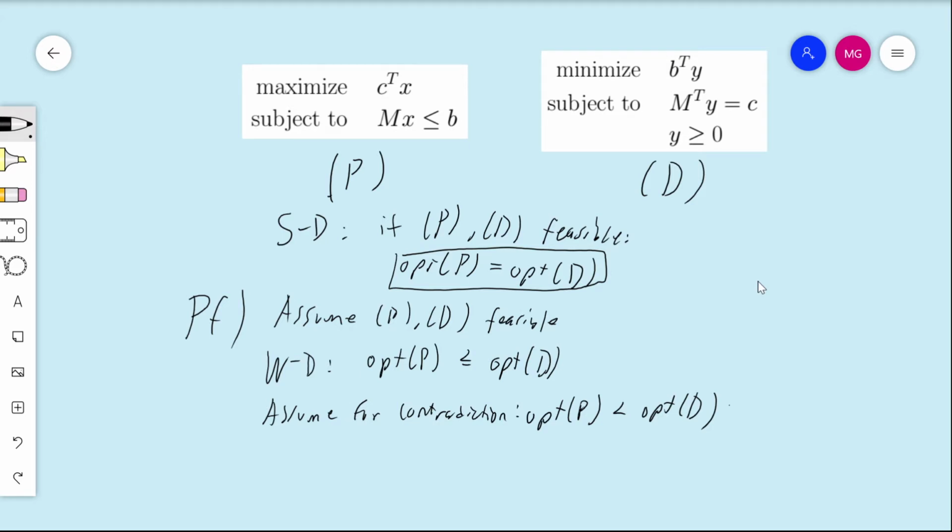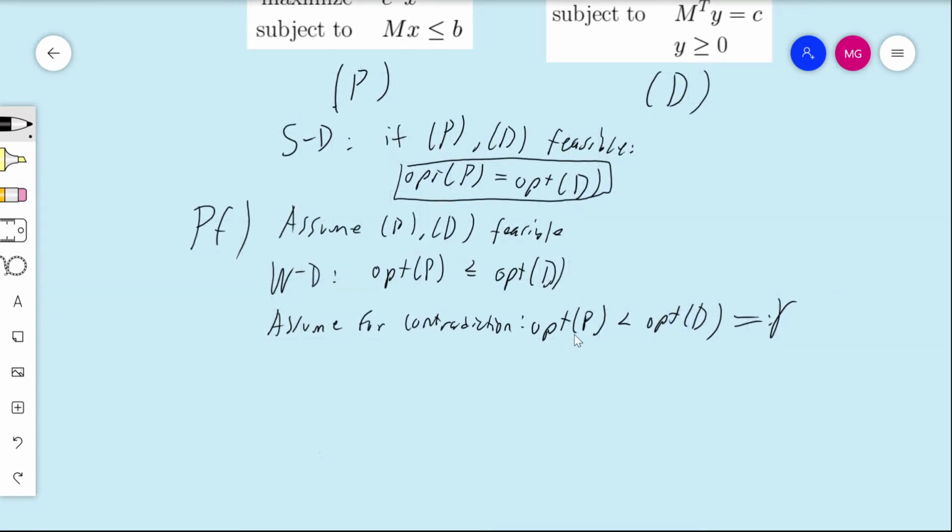For some notation, let's denote the optimal value of the dual to be gamma. So gamma is defined to be this number here, the optimal value of the dual. By saying that the optimal value of the primal is strictly less than gamma, we're saying that there cannot exist a vector x bar such that M x bar is less than or equal to b and C transpose x bar is at least gamma.